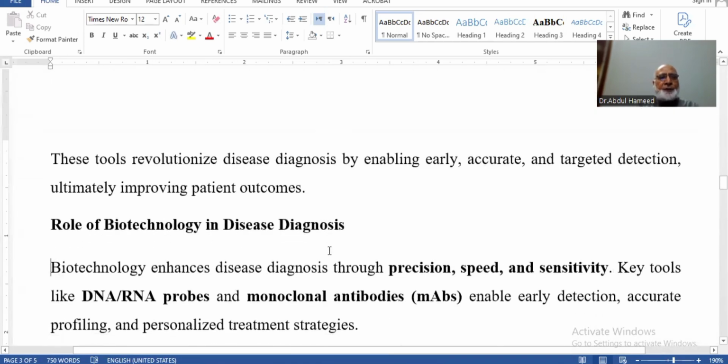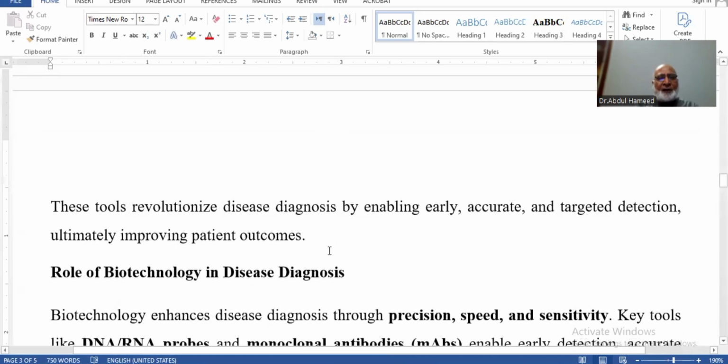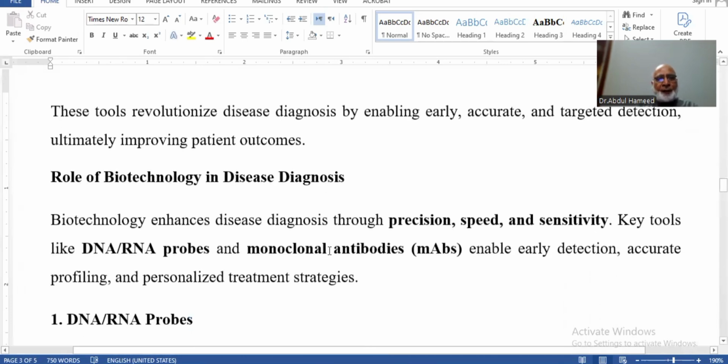So these tools revolutionize disease diagnosis by enabling early, accurate, and targeted detection, ultimately improving patients' outcomes. These are cost-effective methods if we consider them for diagnostic purposes.